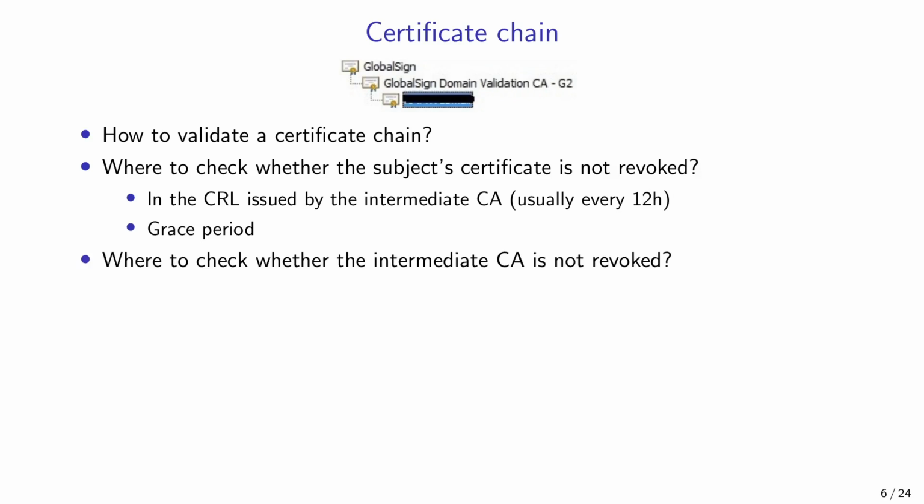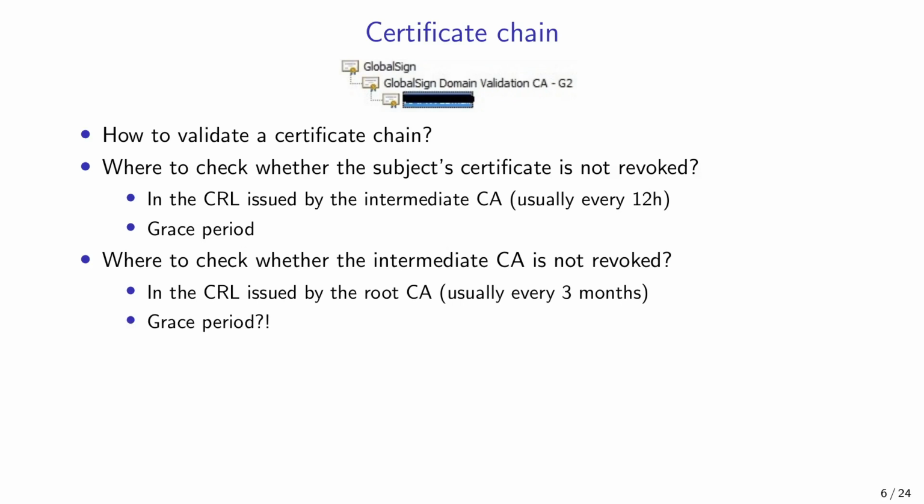Now, where to check whether the intermediate CA certificate is not revoked? In the CRL issued by the root CA. So, in the CRL specified in this certificate, which will be signed by the root CA. Root CAs usually update their CRLs every 3 months or so, because the root CA private key is offline, and therefore signing something with the root CA private key is a manual operation.